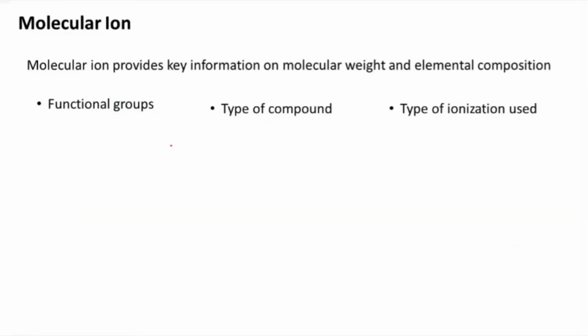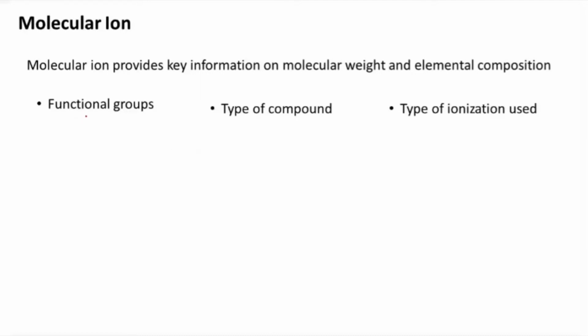The reason is, let's say you are in a pharmaceutical industry and you are either synthesizing a compound, or some customer gave you a compound for analysis. Then what is it that you need to know?